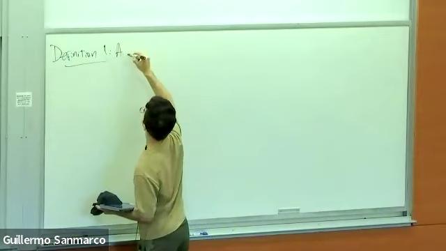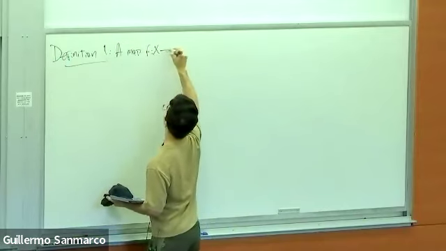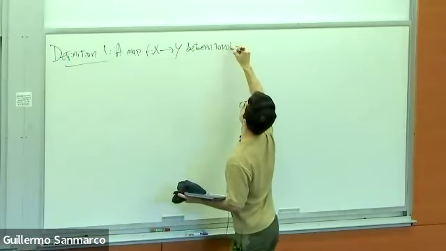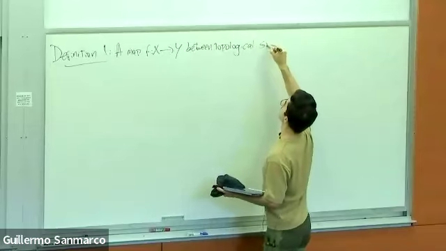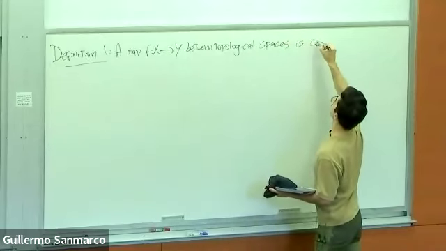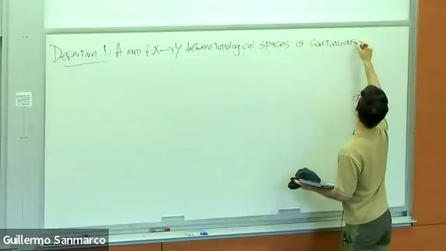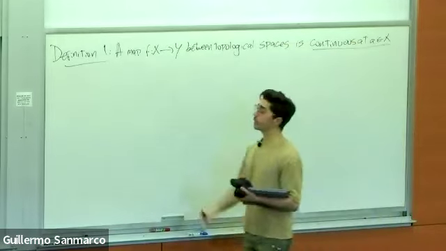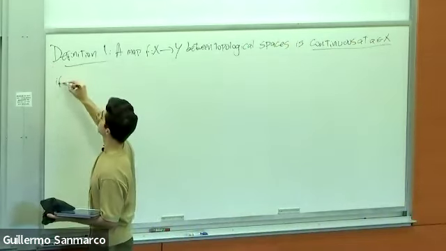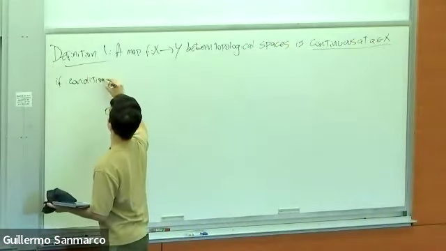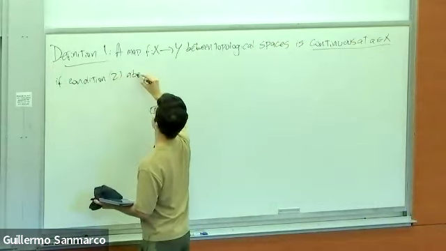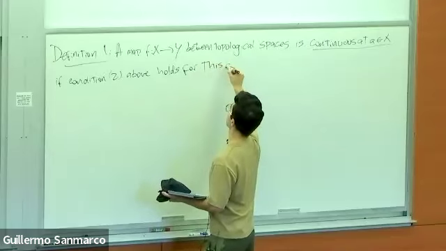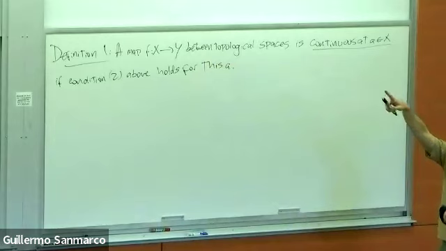A function f from X to Y between topological spaces is going to be continuous at a point, at the point A in X, if condition 2 holds for this A. So of course, not for all A, but for this one.